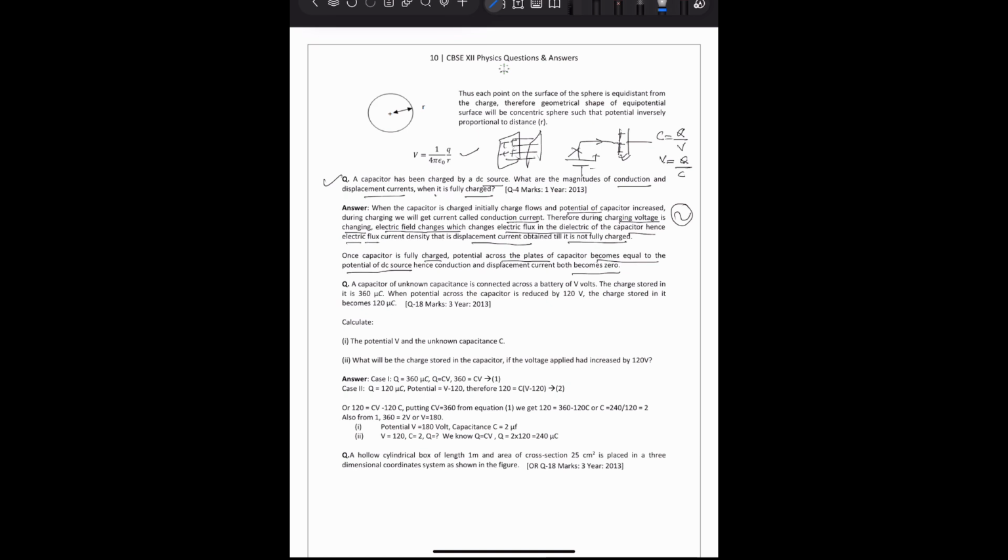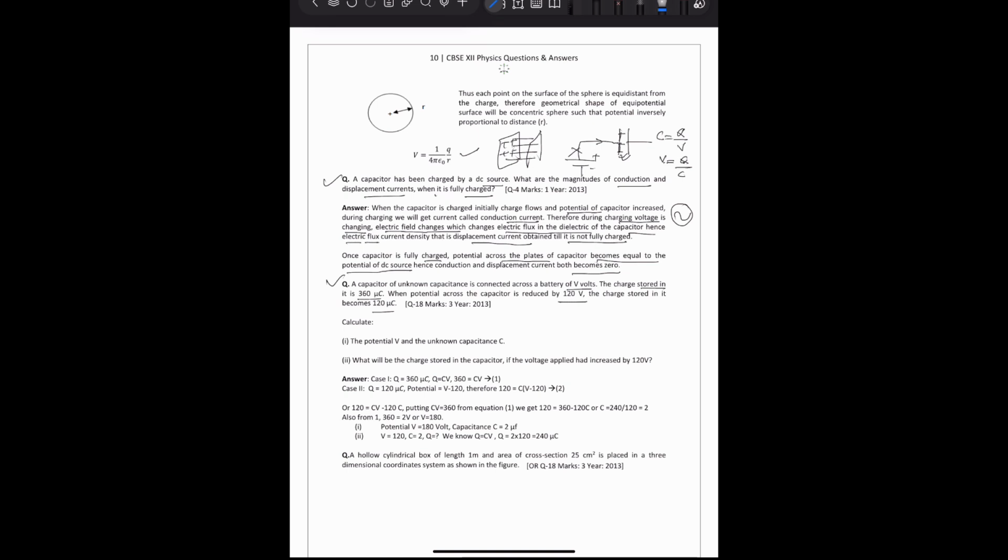Okay, so next question. A capacitor of unknown capacitance is connected across a battery of V volt. The charge stored in the capacitor is 360 microcoulomb. Now when the potential across the capacitor is reduced by 120 volt, the charge stored in it becomes 120 microcoulomb.